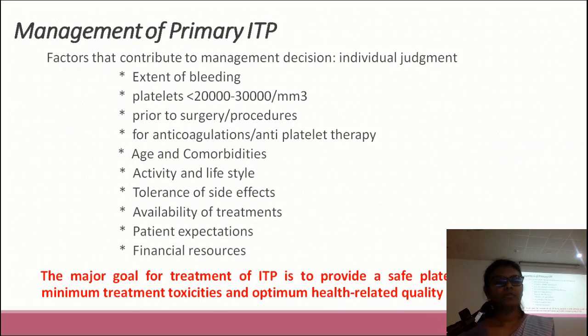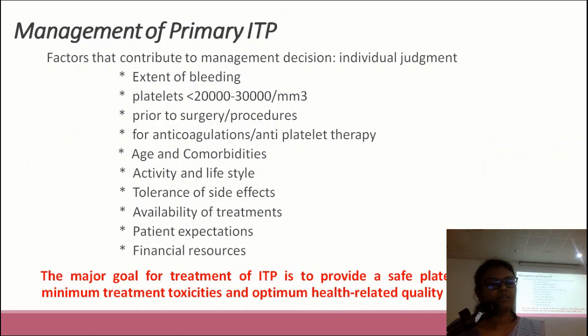So how would you manage primary ITP? It's actually a big decision. There are several factors contributing to the management, and it's actually an individual judgment. If the patient is having significant bleeding, yes, we should treat.